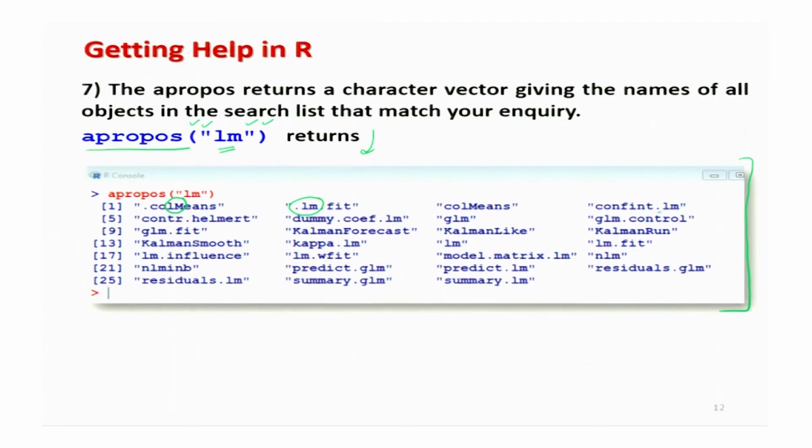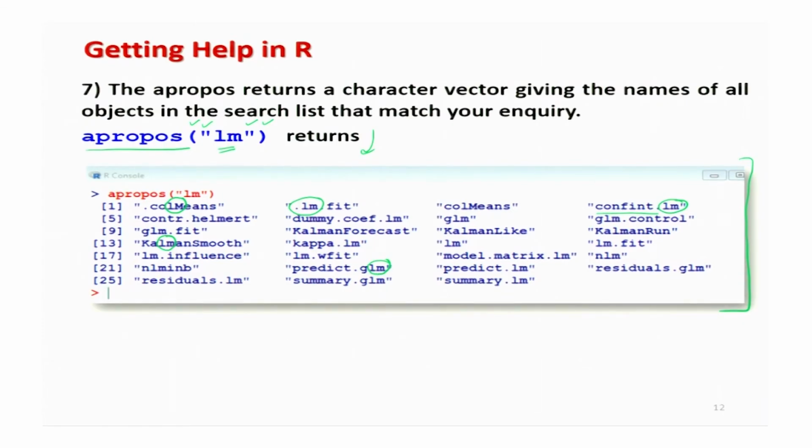Similarly, there is lm as part of conf int dot lm. Or here is lm as part of Kalman smooth, that is another function. Similarly, there is predict.glm, in which lm also occurs.